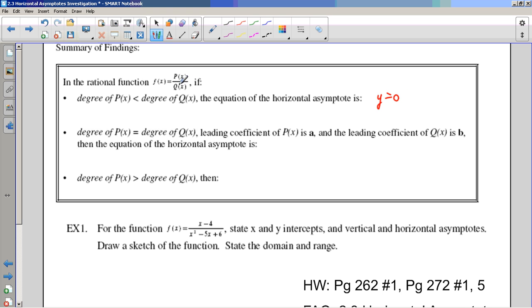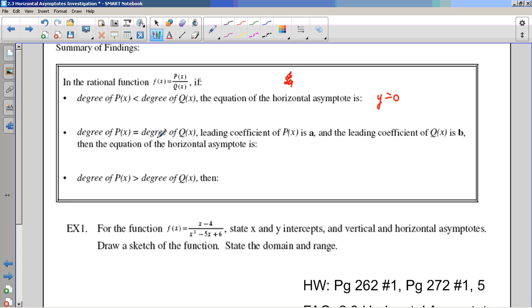The idea there is that as x gets really, really big, because it's got a higher exponent, it dominates. It goes to infinity faster than the top. So the bottom goes to infinity faster than the top, and 1 over a really, really big number is 0. So y equals 0 is the horizontal asymptote.